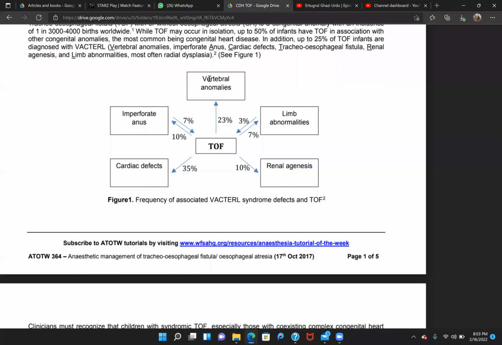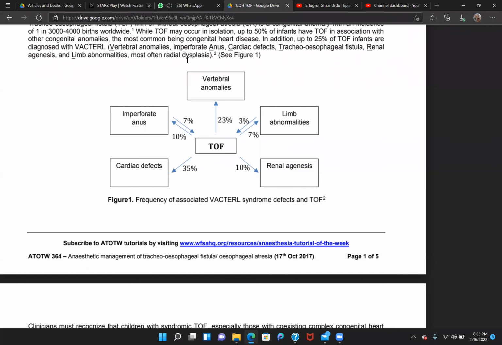Remember one thing: whenever you are answering this question, you will be asked starting from the history. So there will be some history pointing towards some cyanosis while crying, and then you will confirm it by echo. Tracheoesophageal fistula, there will be something related to choking, coughing, vomiting, inability to take the feed.